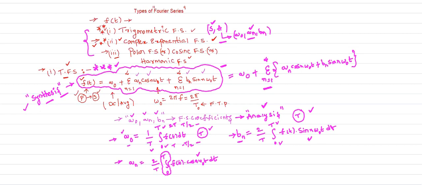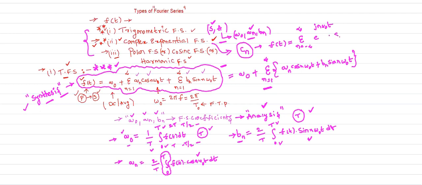Like that, in the case of the complex exponential Fourier series also, we have to calculate the coefficient Cn. After calculating Cn, we need to substitute it in the expression of f of t, which is the sum from n equal to minus infinity to plus infinity of Cn times e power jn omega naught t. I already derived the formula for this.